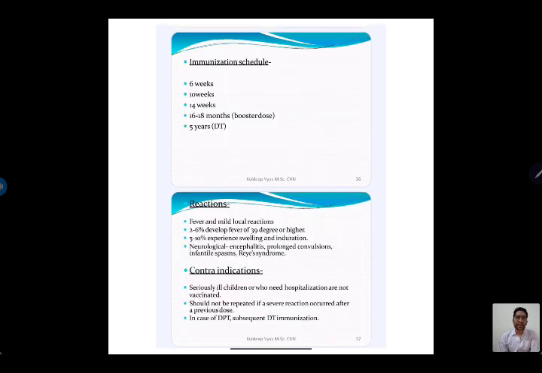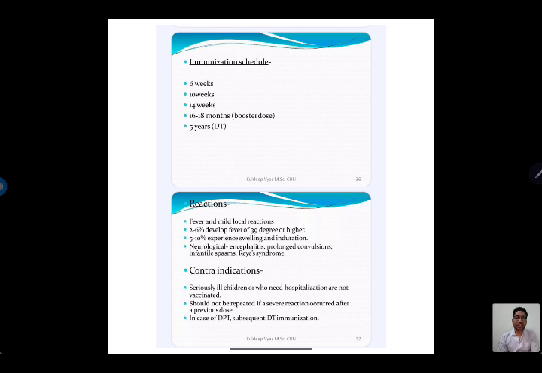Immunization schedule is 6th, 10th and 14th week, and at 6 to 18 months a booster dose, and at 5 years a booster dose. Reactions: fever and mild local reactions. 2 to 6 percent develop fever of 39 degrees or higher. 5 to 10 percent experience swelling and induration.